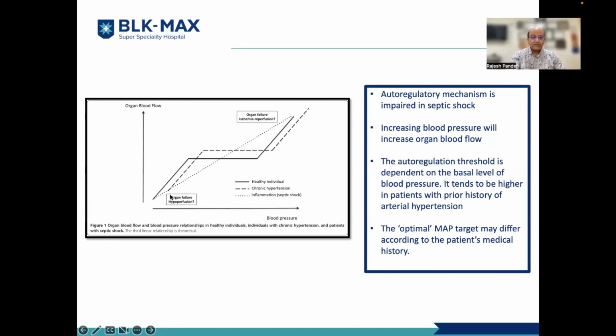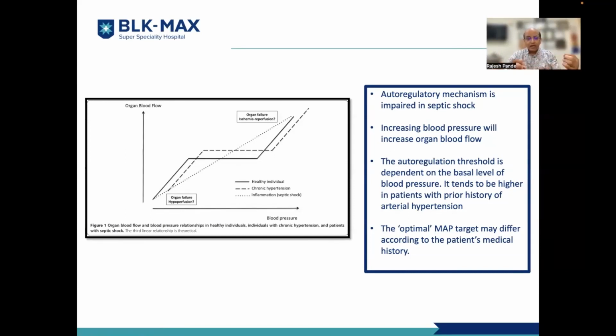However, autoregulation may be lost in patients who are in septic shock. So you see a linear relationship. As the MAP is rising, you can see that the organ blood flow is rising. There is no autoregulation here. So the autoregulatory mechanism is impaired in septic shock, and increased blood pressure will increase the organ blood flow.